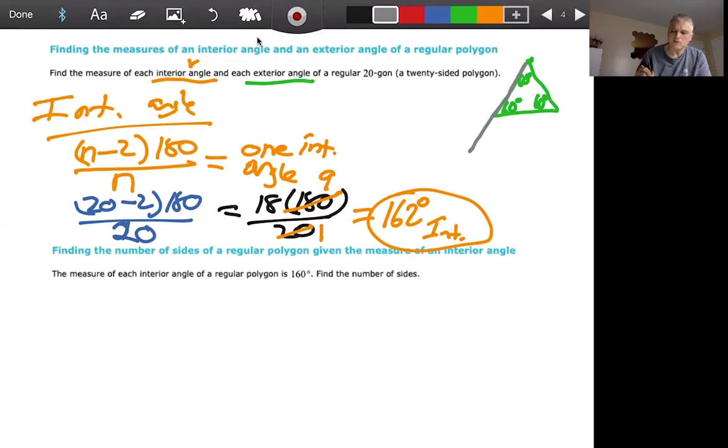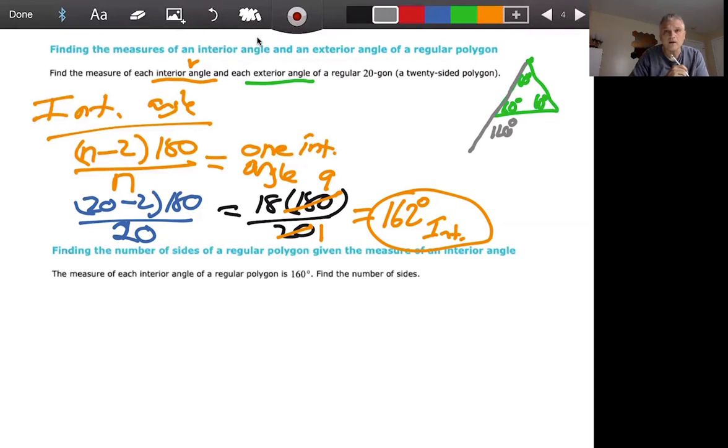Now, what is the measure of this guy right here? Well, we do have the extended angle theorem that we learned a little while back, Unit 3, that you could take the remote interior angles, find their sum, and you get 120. Or you can just remember from Unit 1 that this angle and this angle add up to a straight line. They're a linear pair, so therefore 120.